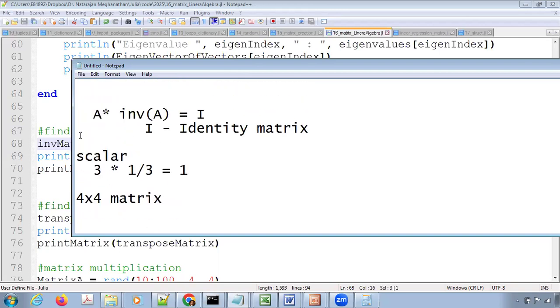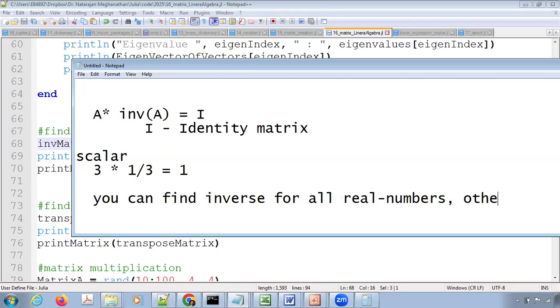So for a square matrix A, not all square matrices have an inverse. The numerical equivalent for scalars is that you can find an inverse for all real numbers other than 0.